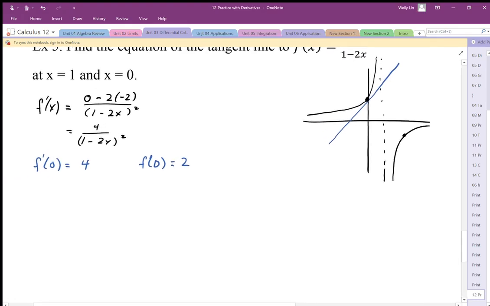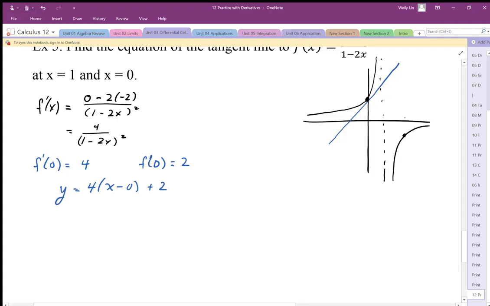So my slope is 4, my coordinate is (0, 2), so plugging it into the point slope formula, I end up with an equation that looks like this: y equals 4x plus 2. This line here, the blue line, has a slope of 4.